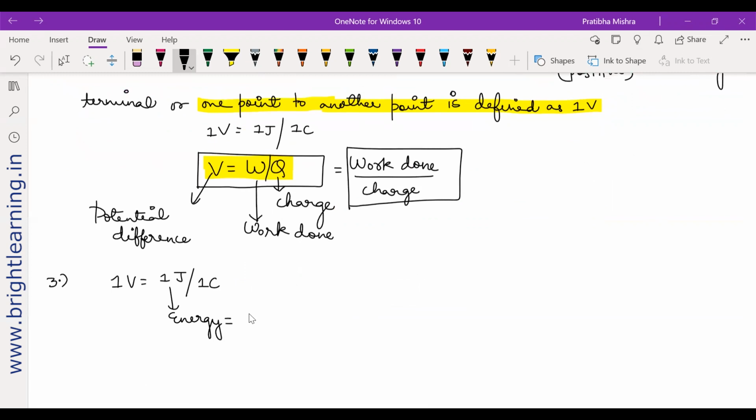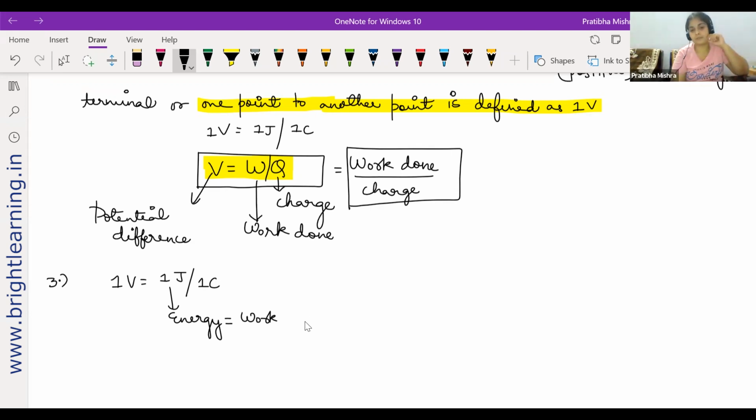Energy is nothing but work done. So if 1 volt is required to move 1 joule, then 6 volts will be required to move 6 joules. So your answer is 6. Very simple, because it's directly proportional.